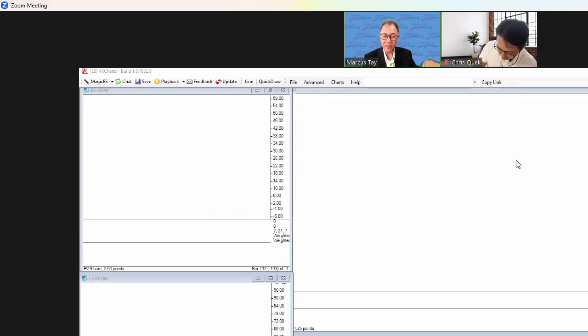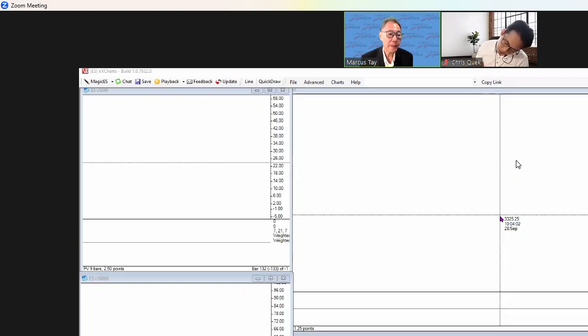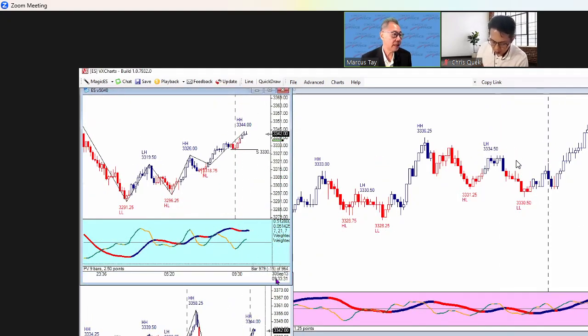So once it hits the target time, the time that you chose, the charts will automatically be populated. Okay, right? So let me just adjust it a little bit.